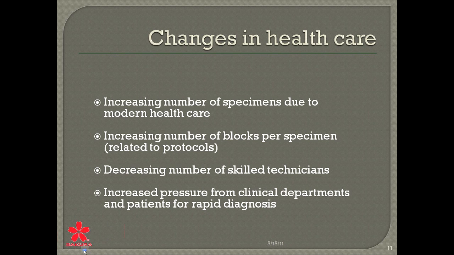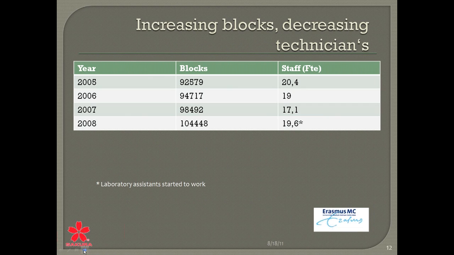According to that, we also have increasing pressure from the clinical department and patients. They want a diagnosis rapidly. When we go to the clinician, he says, well, come back in 2 weeks and we will give you a diagnosis. And they say, well, I can go to another hospital and they will give me the results in 2 or 3 days.